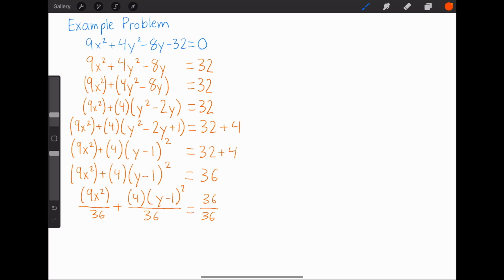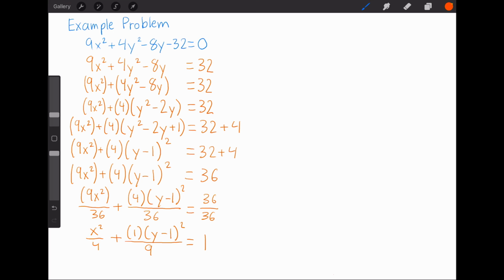This will transform the equation into x squared over 4 because 36 divided by 9 equals 4, plus (y minus 1) squared over 9. This is because 36 divided by 4 equals 9. And that equals 36 over 36 equals 1, so hence it equals 1.